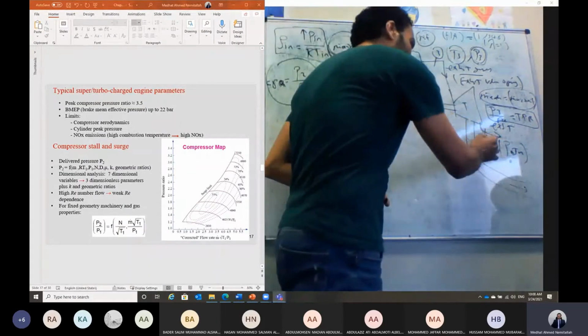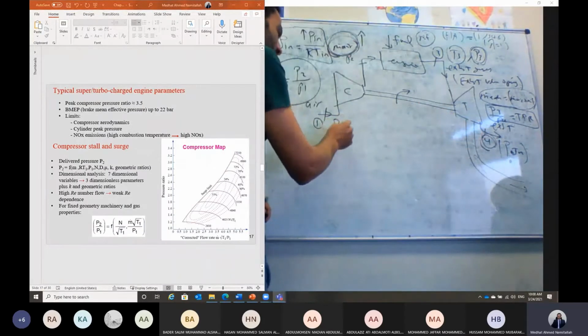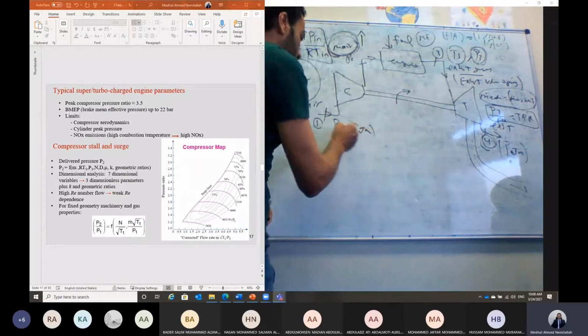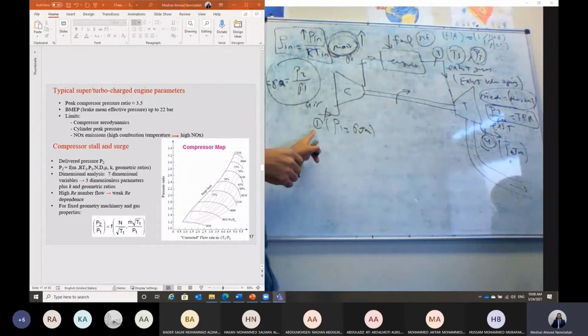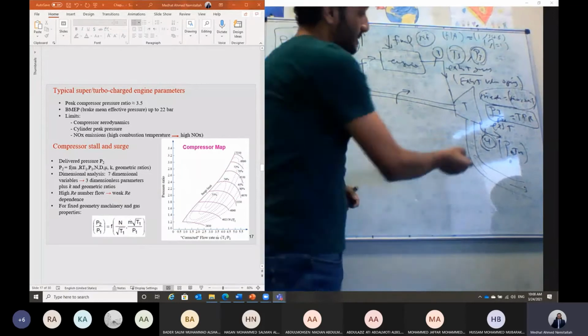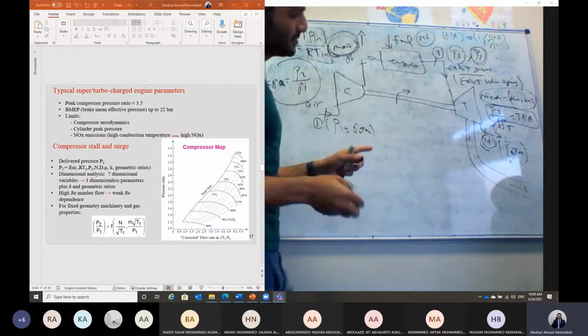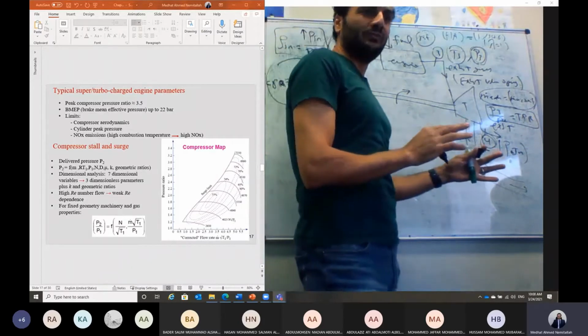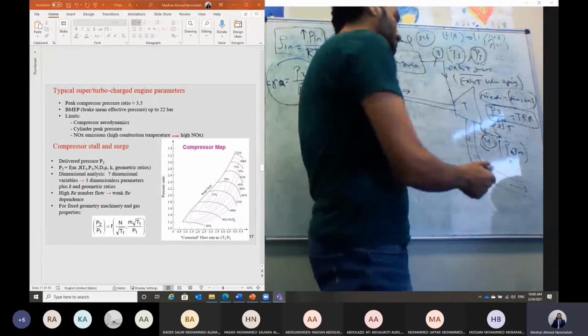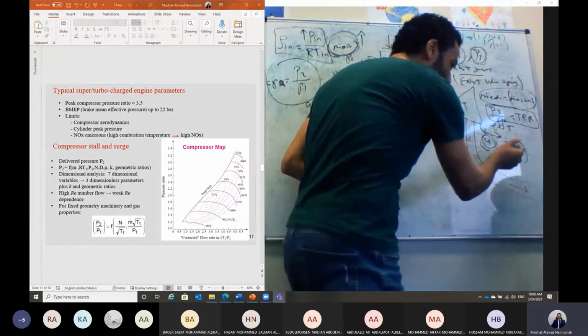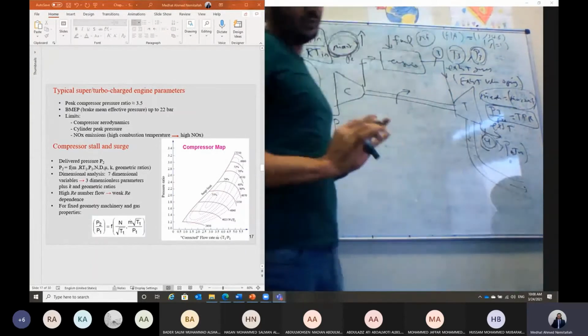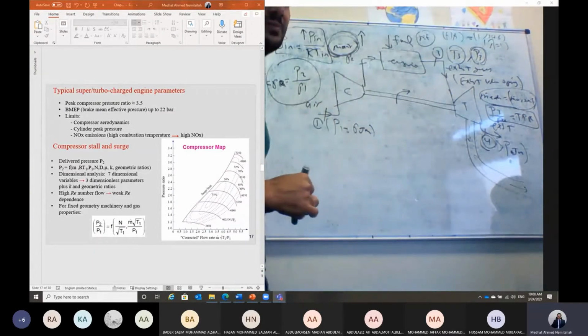So usually P4 is not exactly atmospheric, unlike P1, which is atmospheric because the compressor takes air from the atmosphere. The turbine exhausts the flow into an exhaust tailpipe, which has a small diameter, so it results in a kind of back pressure on the turbine. So this pressure P4 will be a little bit greater than atmospheric pressure, but we can assume it is atmospheric pressure.